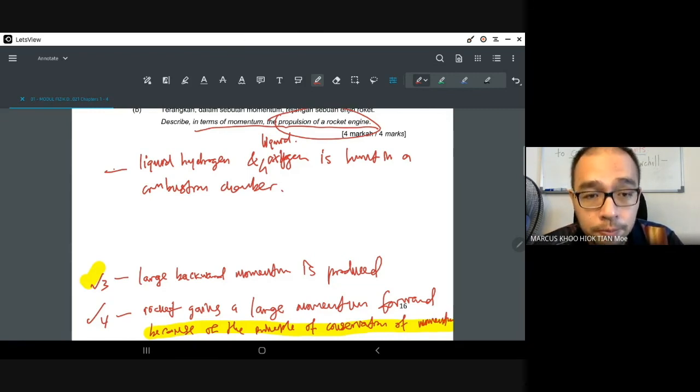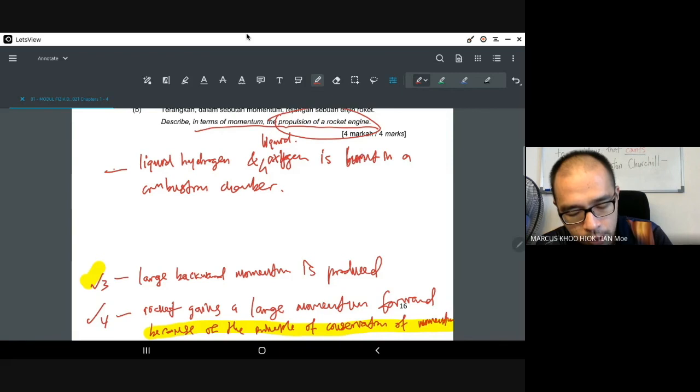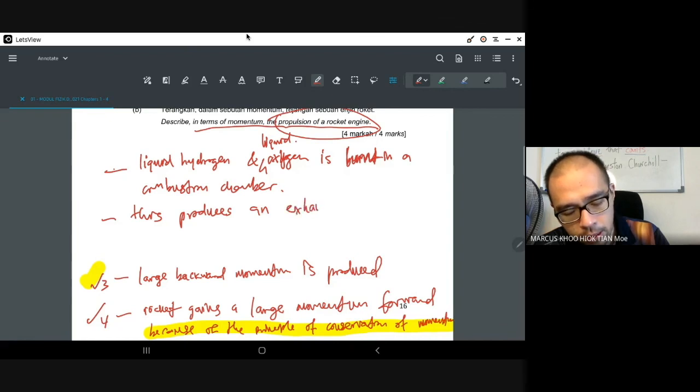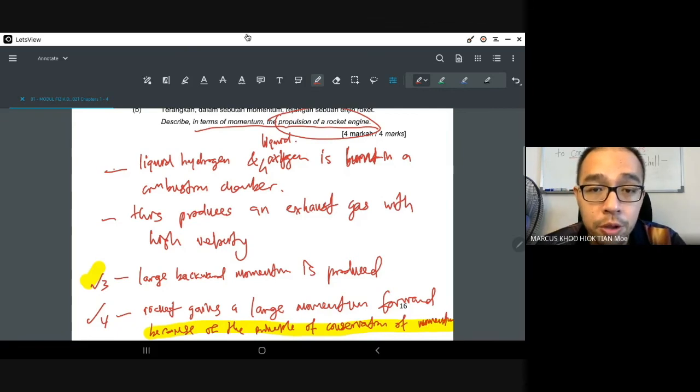So when the liquid hydrogen and liquid oxygen are burnt in a combustion chamber, this produces an exhaust gas with high velocity.